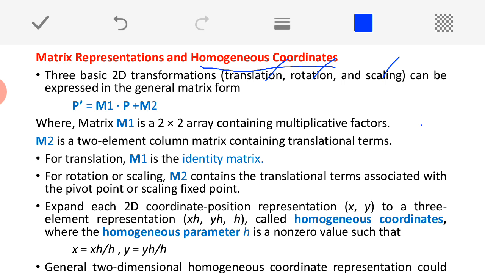Another important thing to remember: whenever we want to create a realistic image, an animated effect on any object, we need to apply these transformations at a time, that is, a combination of transformations.